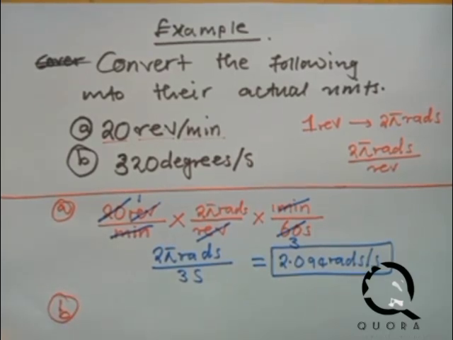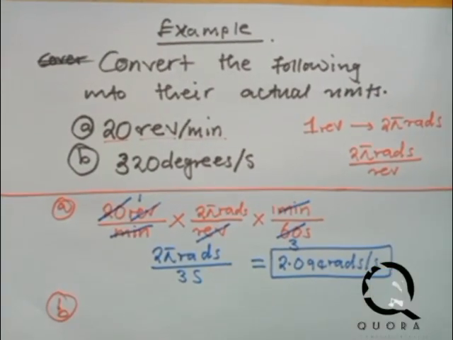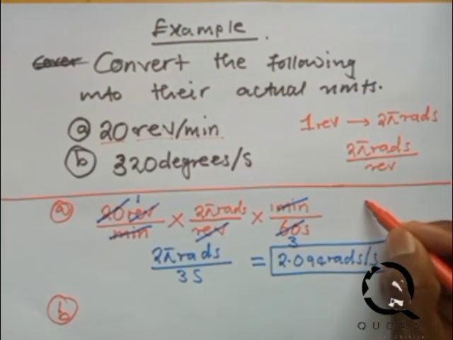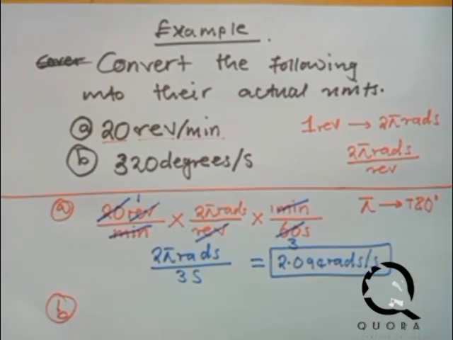By the way we do convert degrees into radians, you find that 180 degrees is denoted by the symbol pi. Pi is equal to 180 degrees. As simple as that.